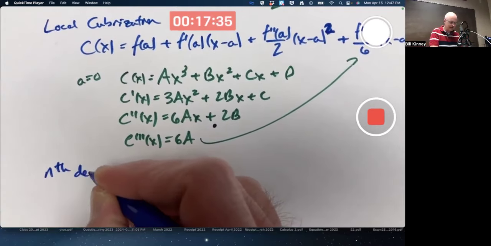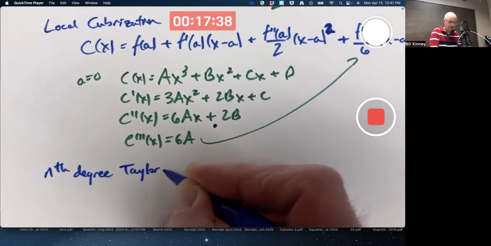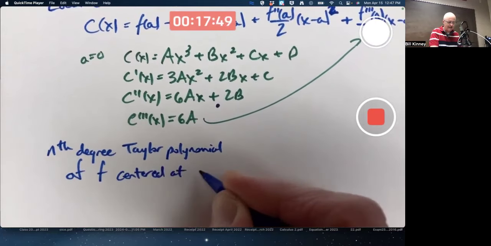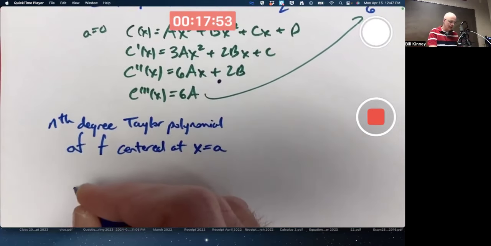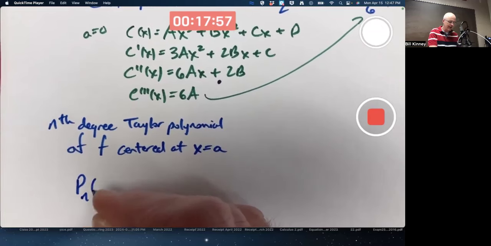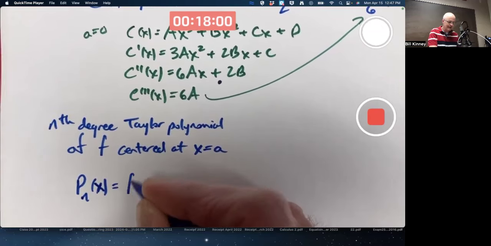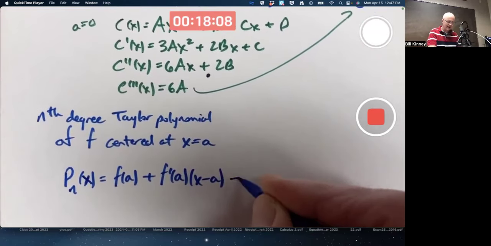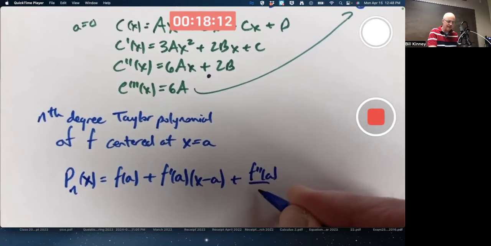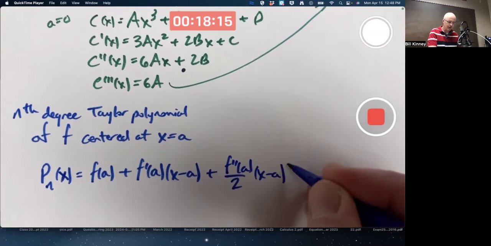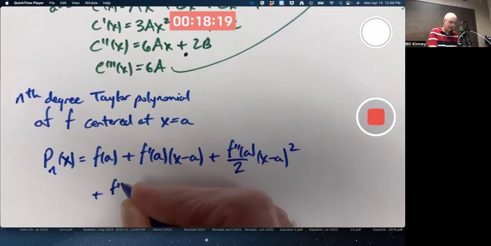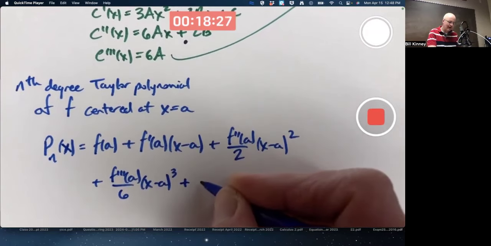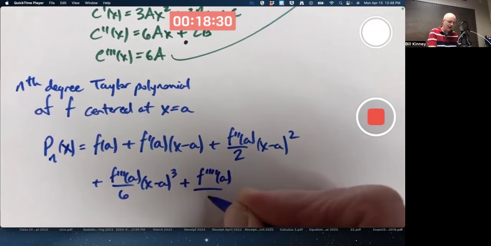The nth degree Taylor polynomial of a function f centered at some number x equals a, written with subscript notation as p sub n of x, is f of a plus f prime of a times x minus a plus f double prime of a divided by 2 times x minus a squared plus f triple prime of a divided by 6 times x minus a cubed plus, let's keep going, f quadruple prime of a over what does it turn out to be?